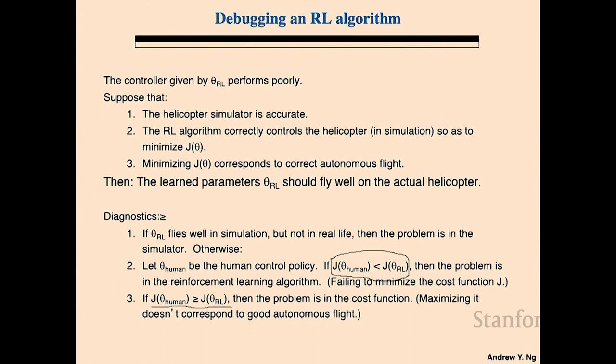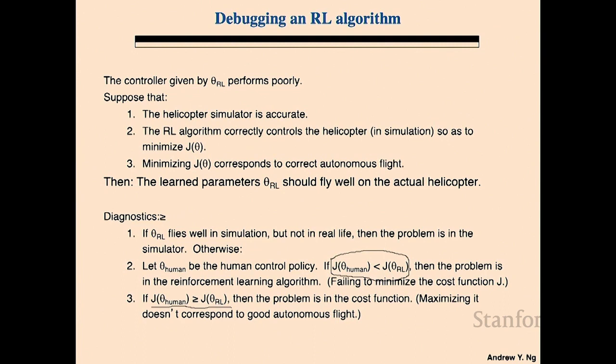And what often happens in machine learning applications is you run the set of diagnostics, and this actually happened when we were working on this helicopter. One week we would say, yep, the simulator has a problem, let's work on that. Then we'd improve the simulator, and after a couple of weeks of work, we'd run these diagnostics and say, oh, it looks like the simulator is good enough, and maybe there's a problem in the RL algorithm.